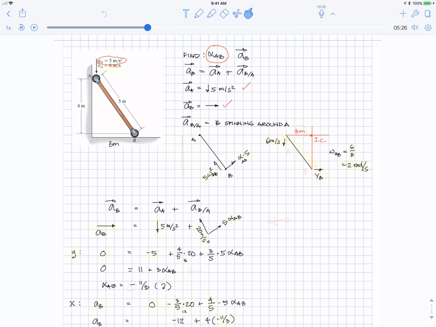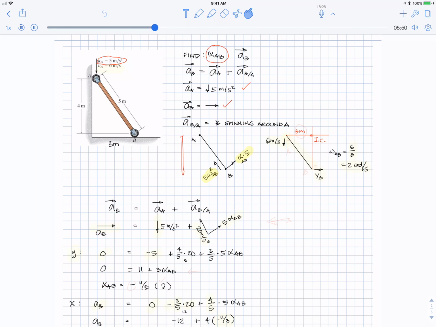So here I've drawn B spinning around A. So B spinning around A has, assuming alpha is counterclockwise, just alpha times r, and the radius is 5 meters. And you have the centripetal acceleration going inward from B to A of r omega squared, so 5 omega squared.